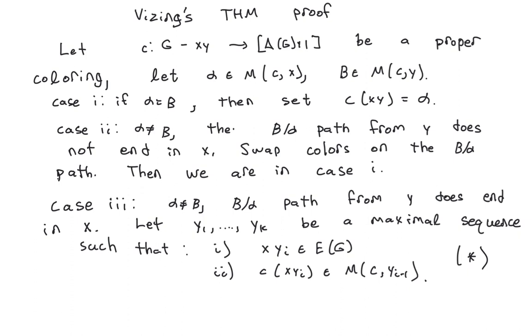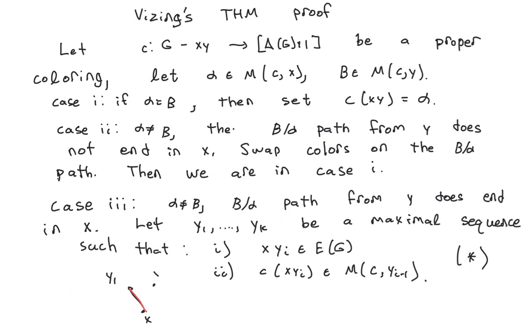We're going to let y_1 through y_k be a maximal sequence with the following two properties. 1, x is adjacent to y_i for all i, and 2, the color of xy_i is missing at y_{i-1} in the coloring. So in other words, you take some vertex adjacent to x arbitrarily, you look at its color, and you call that other endpoint y_1, and then you ask, is that color missing at any of the other neighbors of x?